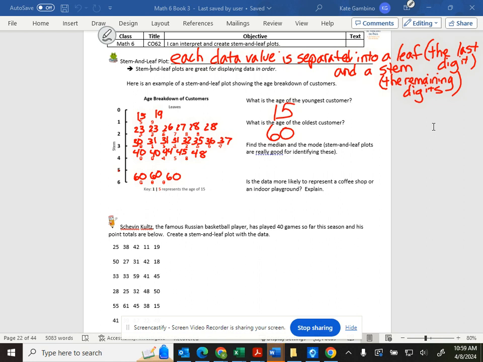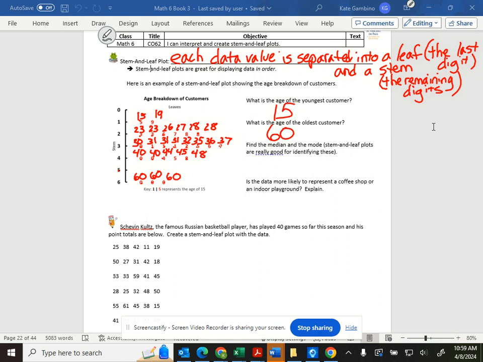Ooh, find the median and the mode. Stem and leaf plots are really good for identifying these. How can I find the median and the mode? Jimena? You have to order them, for least to greatest. Yeah. When we're finding that median, we have to go from least to greatest.